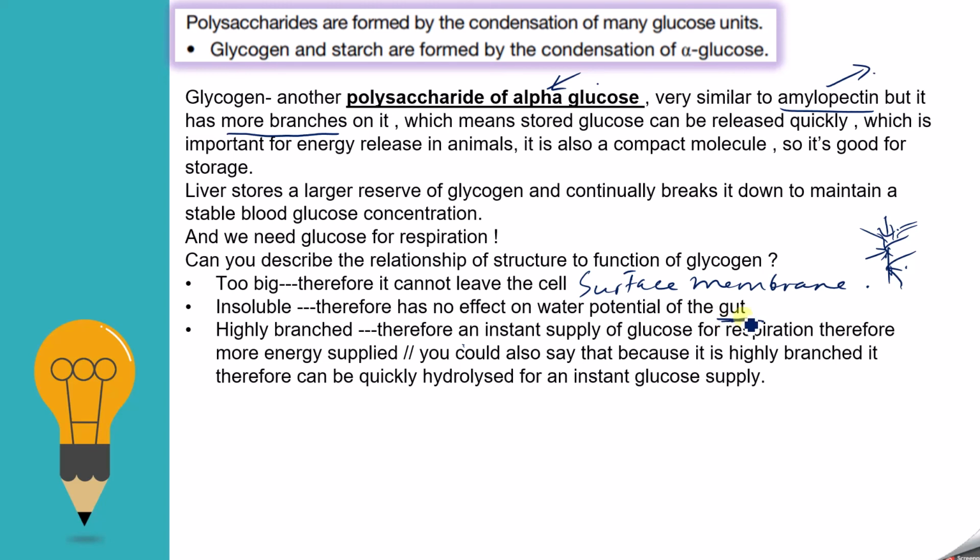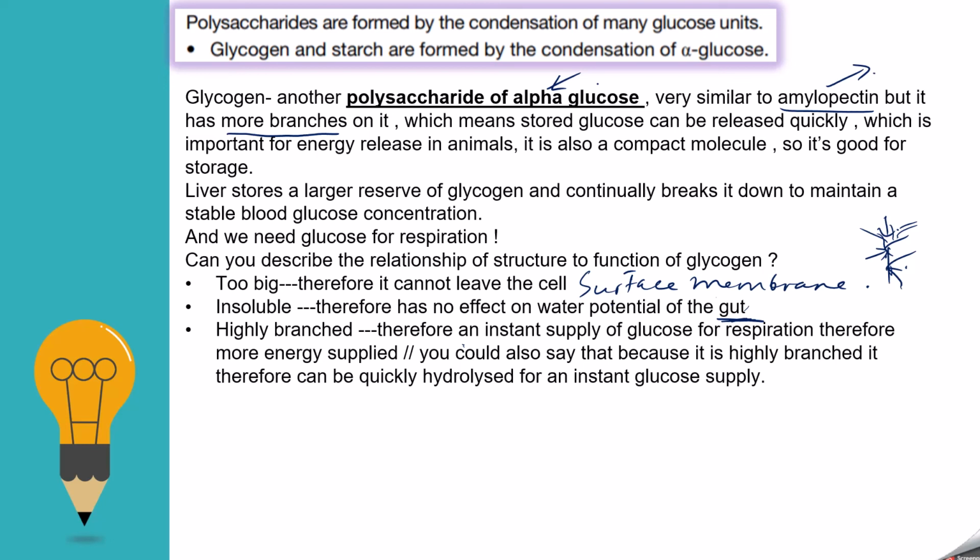When you're talking about glycogen, we know that it's referring to humans, animals, so we have to mention the word gut. It's highly branched, so therefore an instant supply of glucose for respiration, therefore more energy is supplied. You could also say that because it's highly branched, it therefore can be quickly hydrolyzed, using a keyword here, for an instant glucose supply.